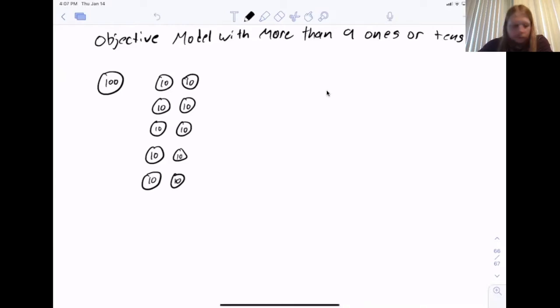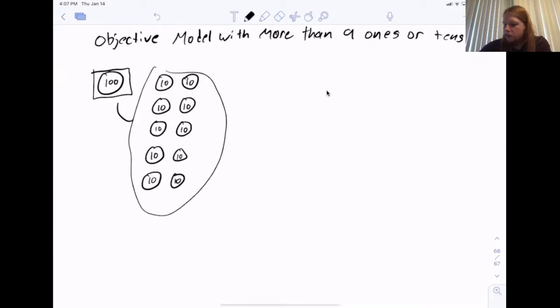So let's look at this 100. When I have 10 chips, I have shown you that we can take these 10 chips and we can turn it into a 100, right?